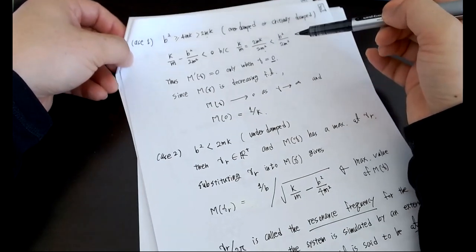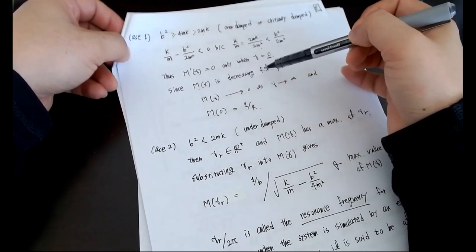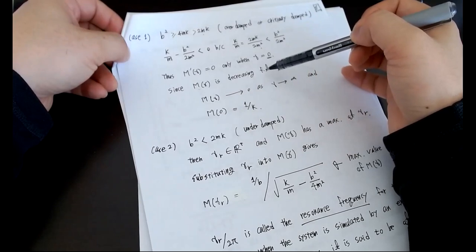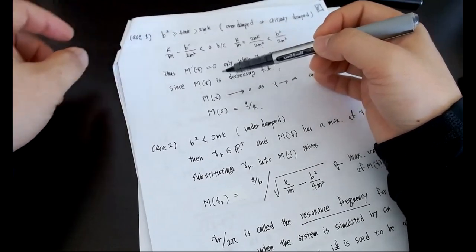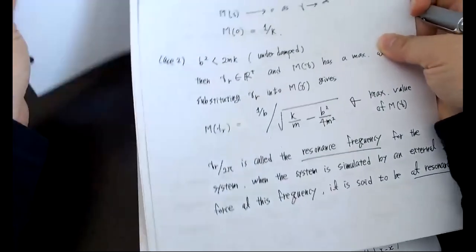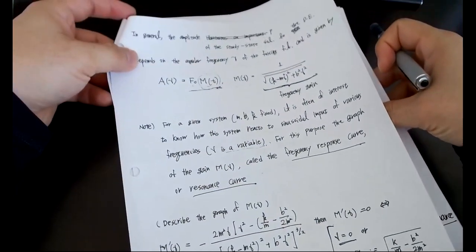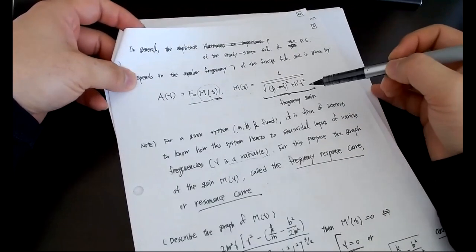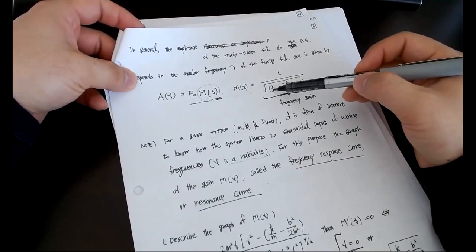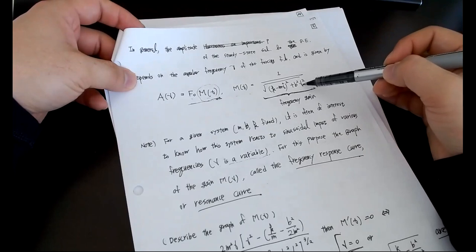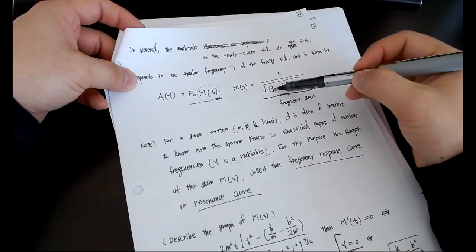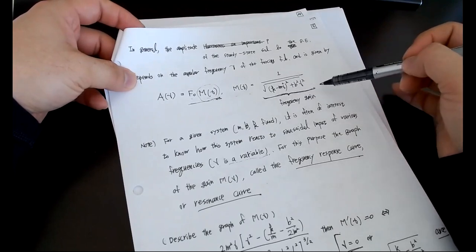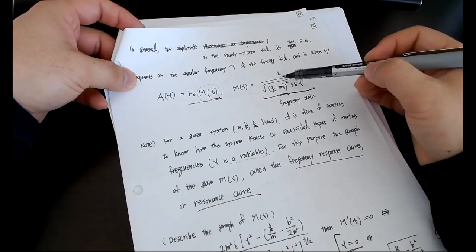And then we know that m of gamma is a decreasing function. Why? Let me see, m of gamma right there. You see that for fixed k and b, if gamma is increased, then the denominator is increased, while the numerator is fixed as 1.